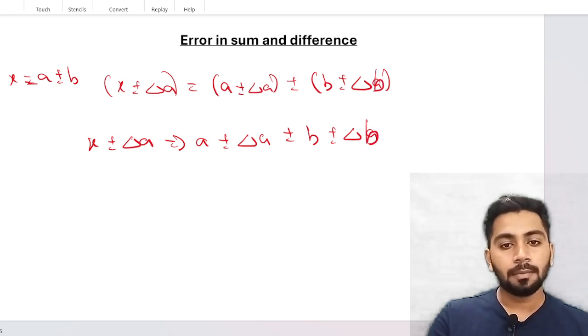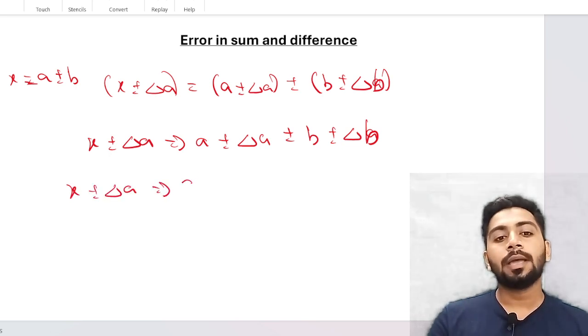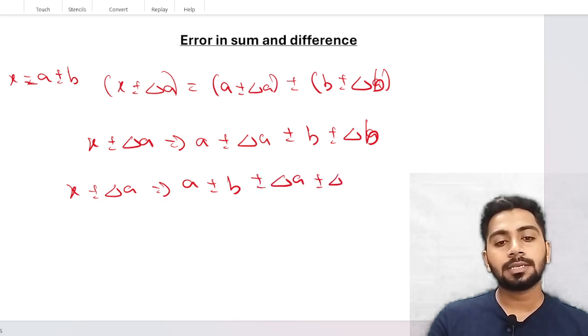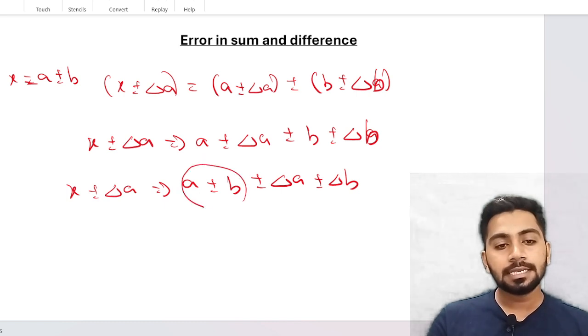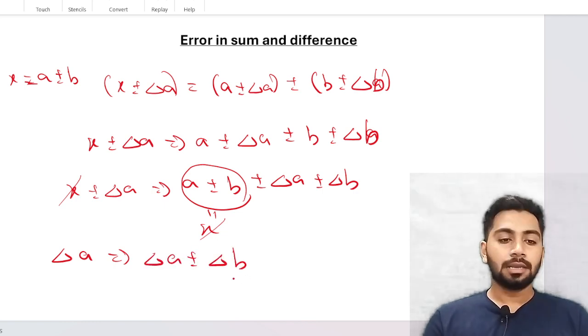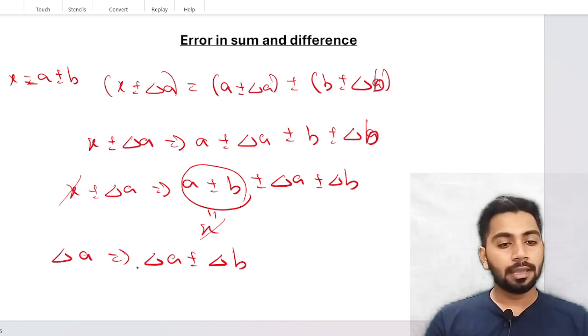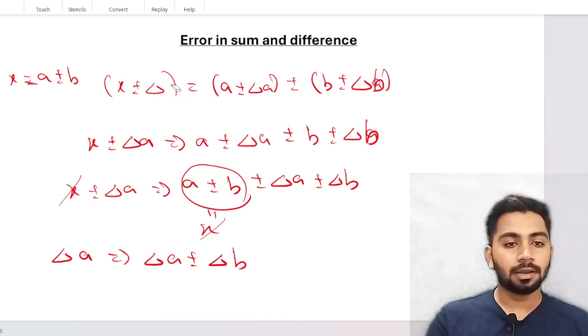Now can I write this as a plus or minus b plus or minus the errors? Now if you closely see, this is equal to x. Now this x gets cancelled. Now in addition the error becomes plus or minus of this error. This one is x, right? No one told me.